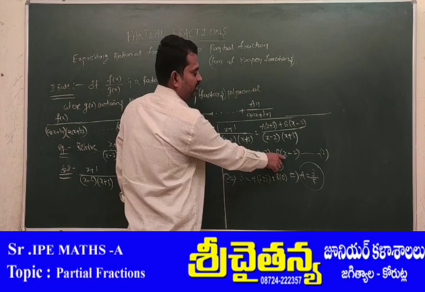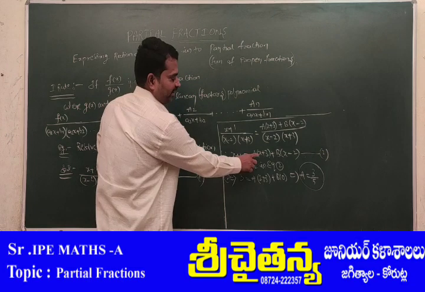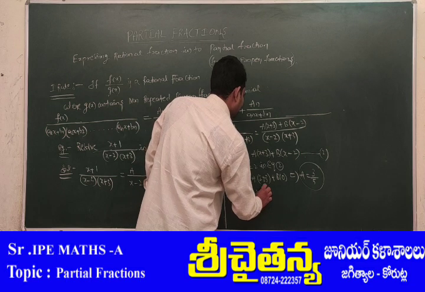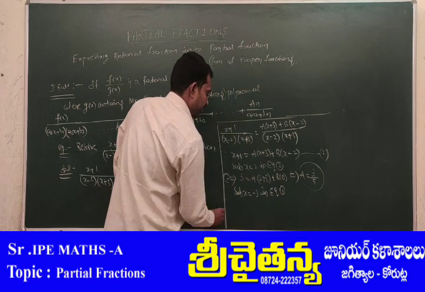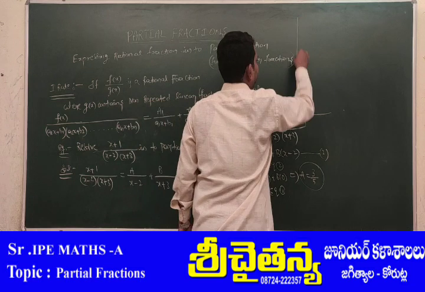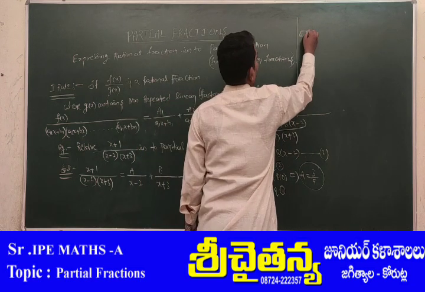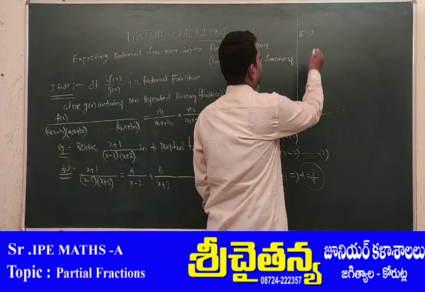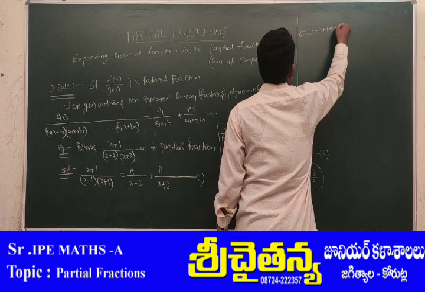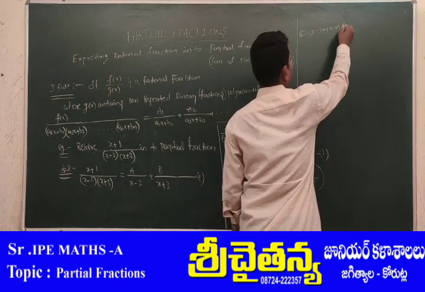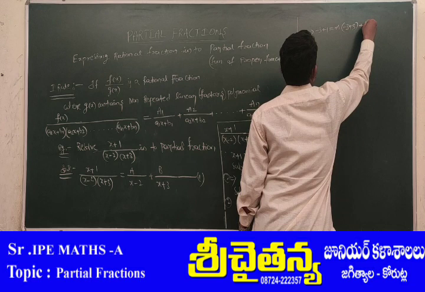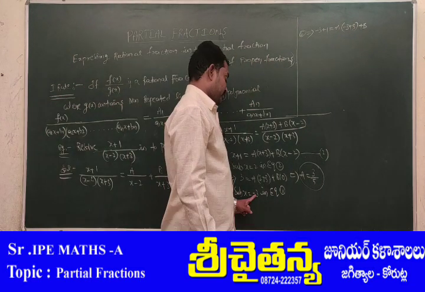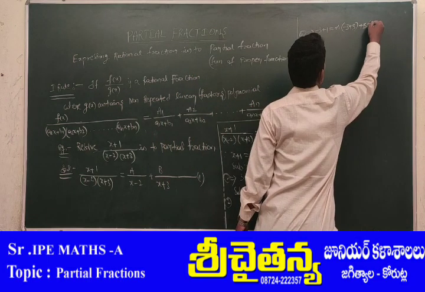Like that we find the value of B. Make the A term 0, so substitute x equals, sorry, x equals minus 3 in equation number 2. That means minus 3 plus 1 equals A times (minus 3 plus 3) plus B times (x minus 2), which value we are substituting, minus 3, so minus 3 minus 2.